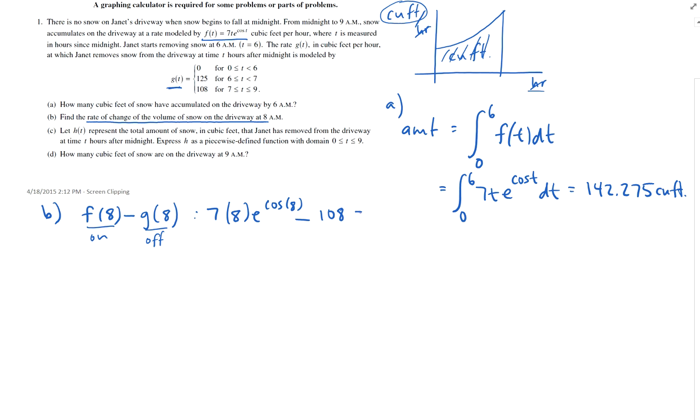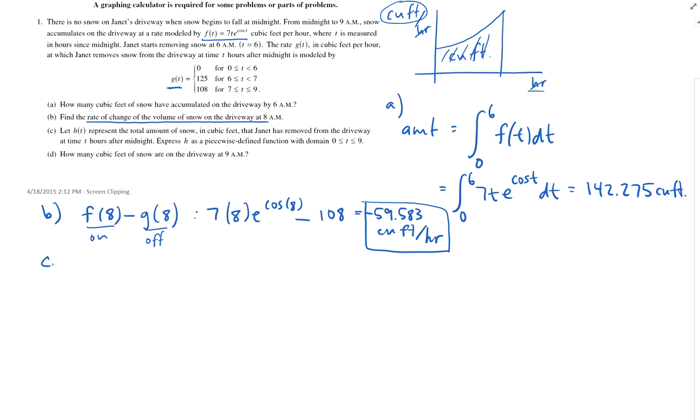And if you do that, you get negative 59.583 cubic feet per hour. So at 8 a.m., is it increasing or decreasing, what's the rate of change of the snow? It's decreasing by 59.583 cubic feet per hour.